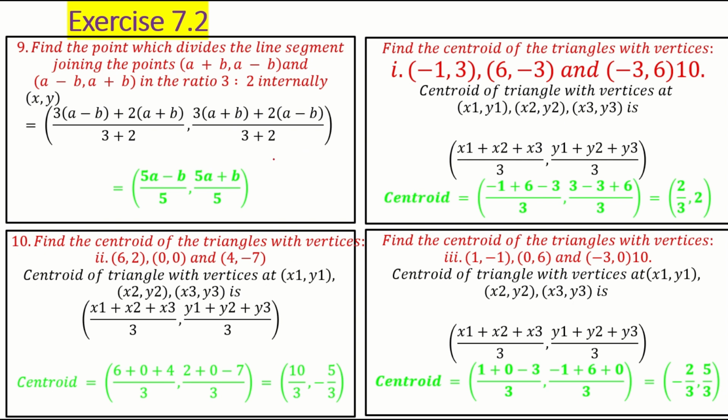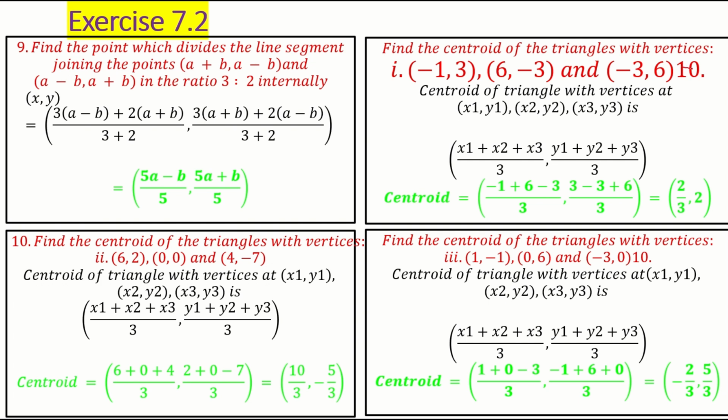And here it is centroid. So I am applying the centroid formula: (x1 plus x2 plus x3)/3, comma (y1 plus y2 plus y3)/3. Three points are given. Okay, I think there is some mistake.